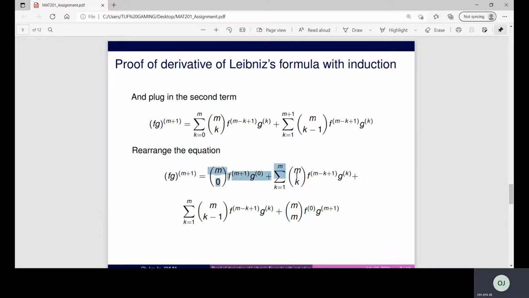So this is the equation from the first term.